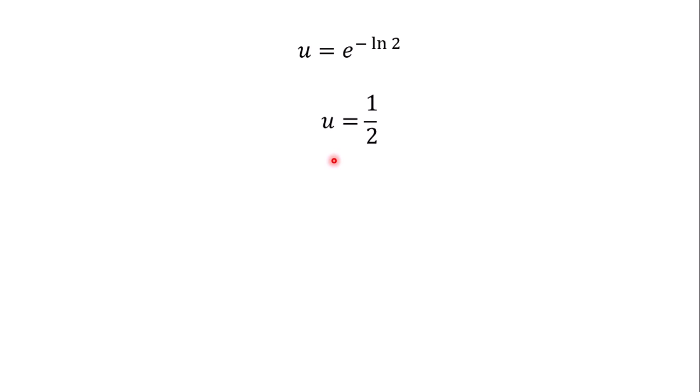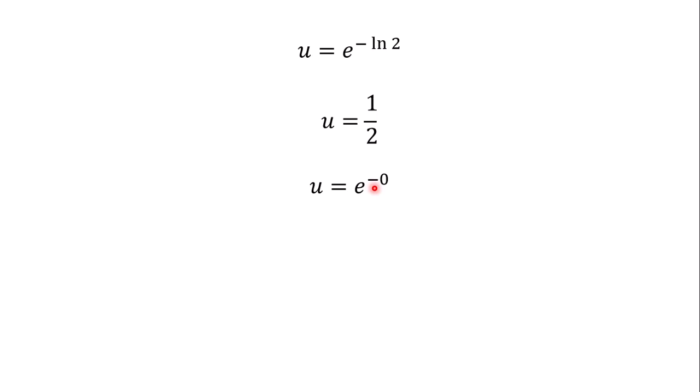Good. Now let's put in 0 and see what we are going to get. So u is equal to e raised to the power -0. Don't confuse yourself with this -0 sign here. 0 is just 0, without any decimals, without any direction.